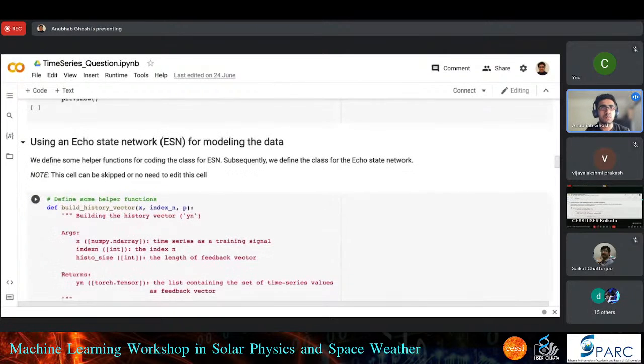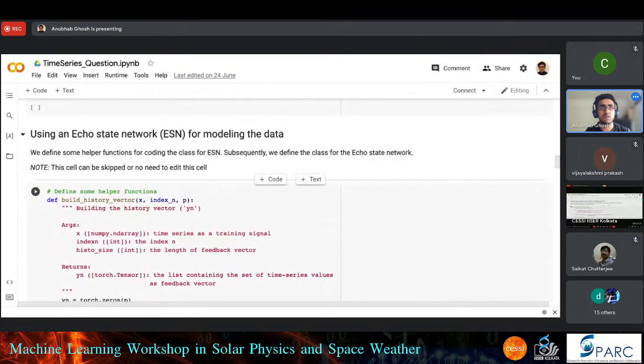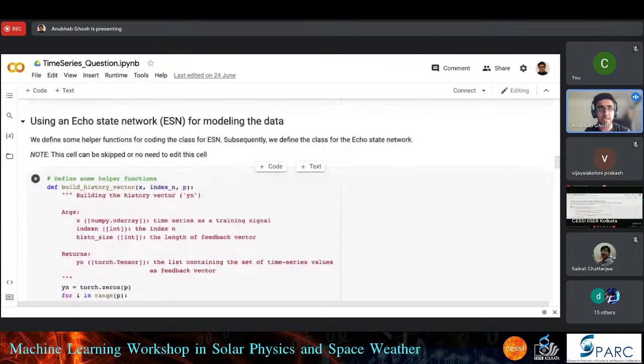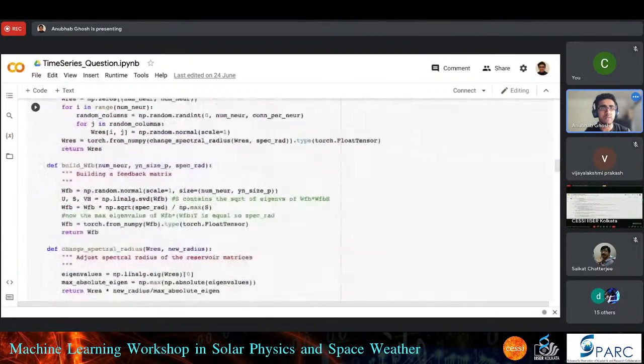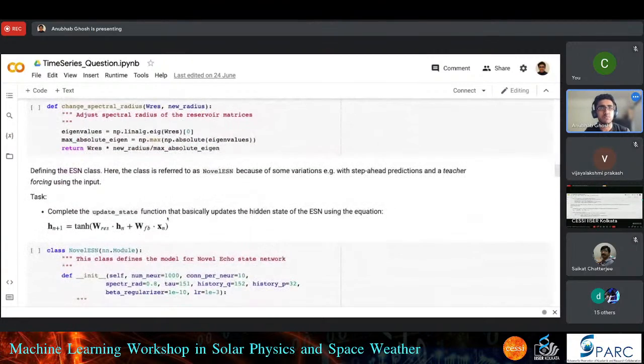The notebook also has files to build an echo state network from scratch, but you don't have to build the entire network. Rather, you have to complete some parts of the code which implement the update function of the ESN. I think this has been talked about in the lecture. The ESN has the structure of the RNN's update equation, where you update the hidden state, except that your W matrices and feedback matrices are not learned.